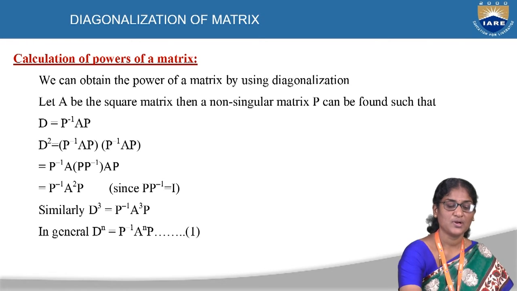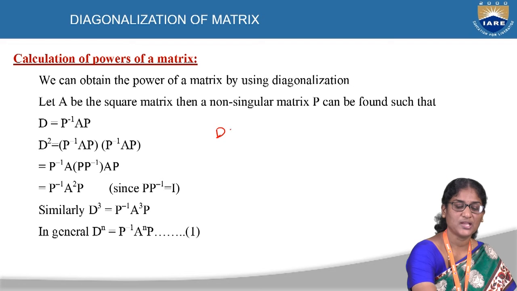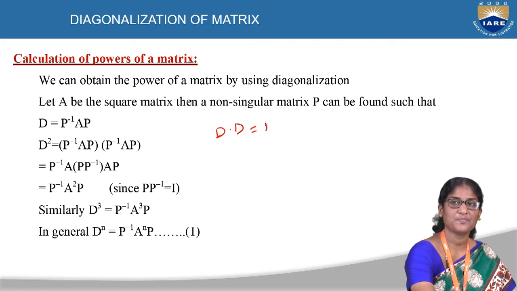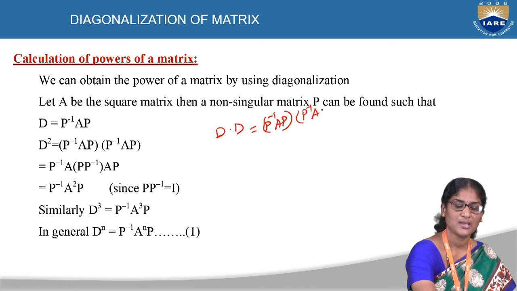Now, you multiply D into D. D into D is nothing but P inverse AP into P inverse AP. Now you club the P into P inverse.